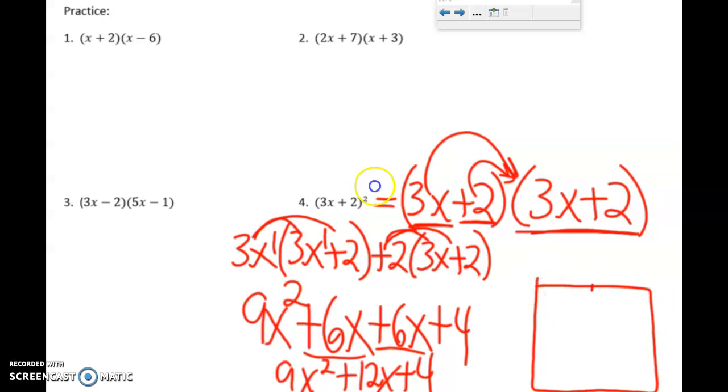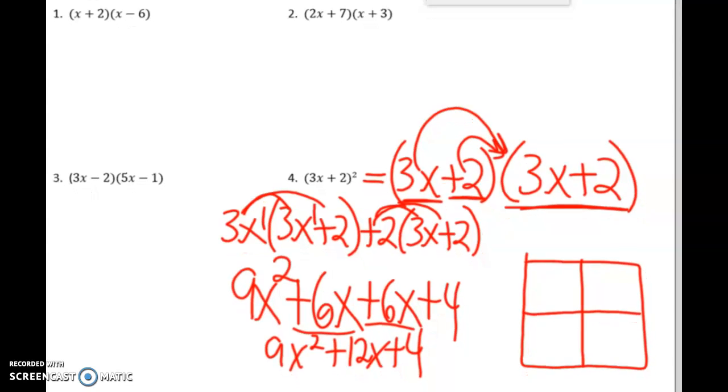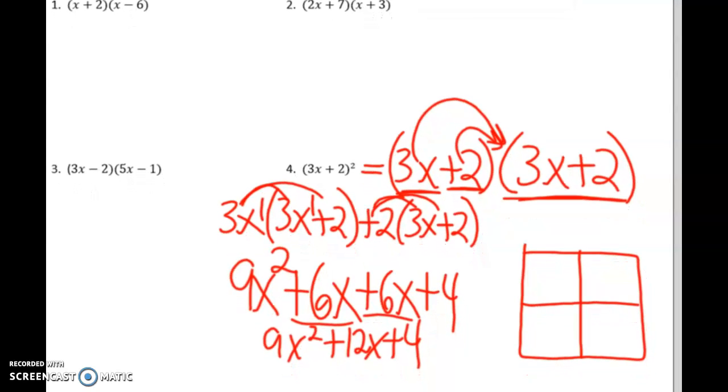Draw a box. Create 4 squares. Then, go ahead and label each column. So use 1 for 3x plus 2. Now this one's a little bit different because it's the same for both binomials. Again, 3x plus 2.